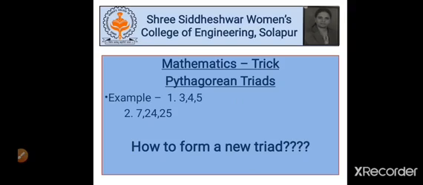Suppose 9. Take its square, that is 9 square equal to 81. Now make two parts of 81 such that the difference is 1. Or we can say divide 81 into two parts such that the difference between these two parts is 1.